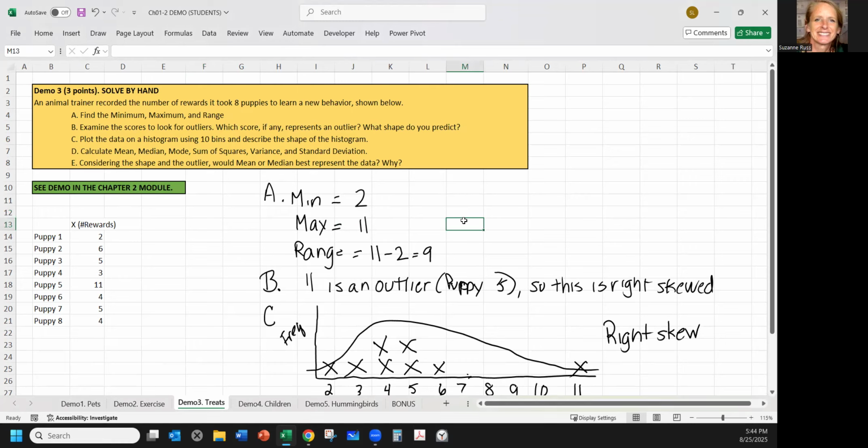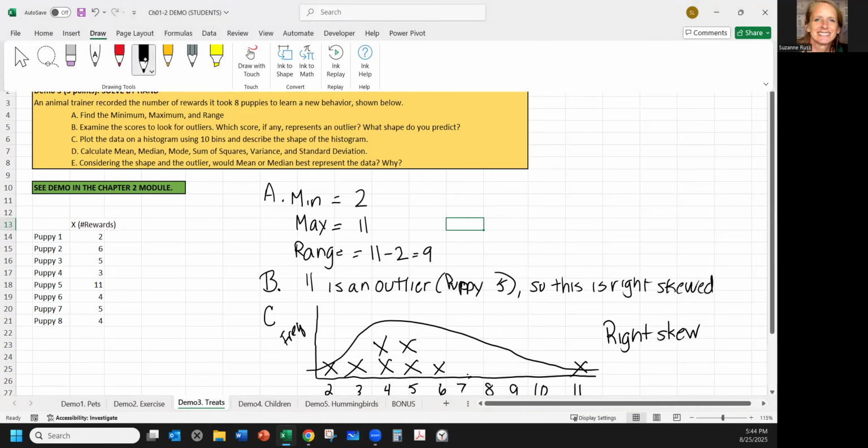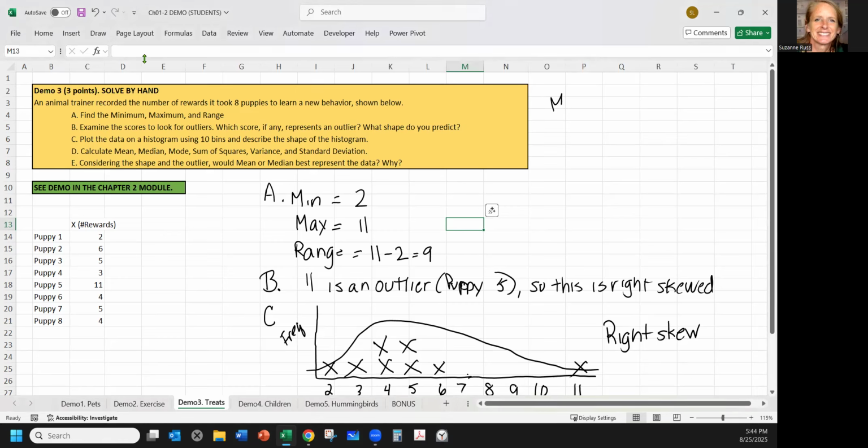So we need mean, median, mode, sum of squares, variance, and standard deviation. On your piece of paper you can continue downward, but in order that we can see everything on the screen, I'm going to begin writing up here. The mean is the sum of all the scores divided by n.